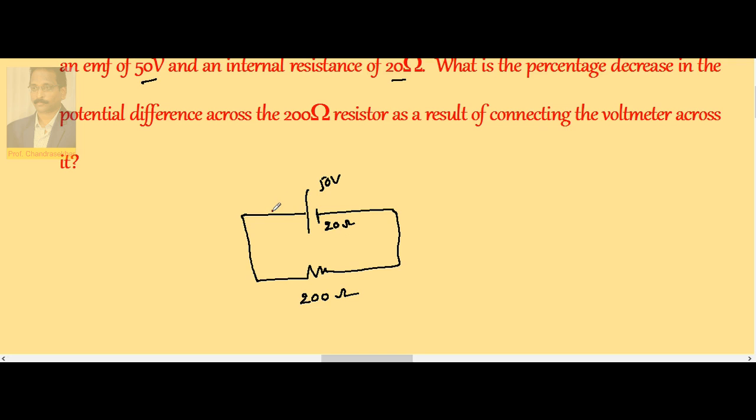So current passes like this through this circuit. Say I1 is the current. So I1 is given by 50 divided by, these two are connected in series, 220. Now potential difference across this resistance, if I call it V1, V1 becomes I1 into R, 200, that is 50 by 220 into 200.